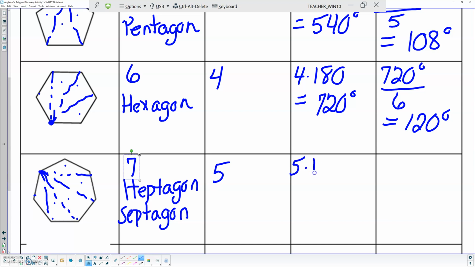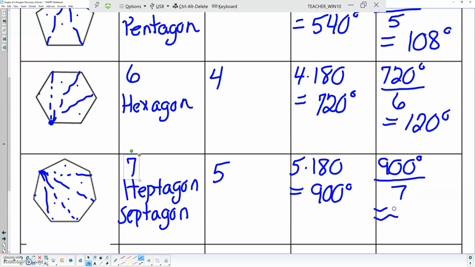So 5 times 180 gives us 900 degrees. 900 divided by 7 doesn't work out to be a nice number, so I'm just going to approximate it. That's approximately 129 degrees. So every interior angle of a heptagon is approximately 129 degrees.